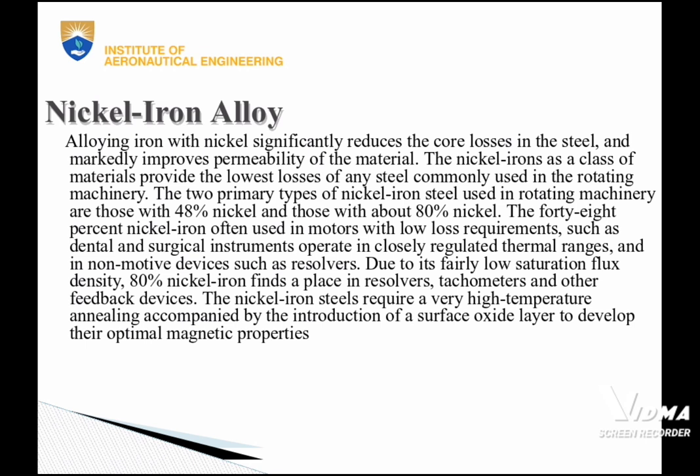The 48% nickel iron is often used in motors with low loss requirements, such as dental and surgical instruments, operating in closely regulated thermal ranges, and in non-motive devices such as resolvers due to its relatively high saturation flux density. 80% nickel iron finds a place in resolvers, tachometers, and other feedback devices.